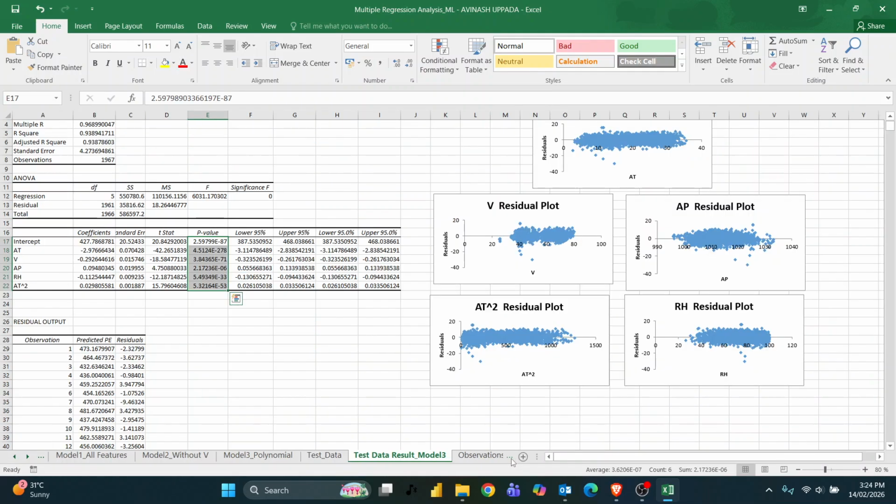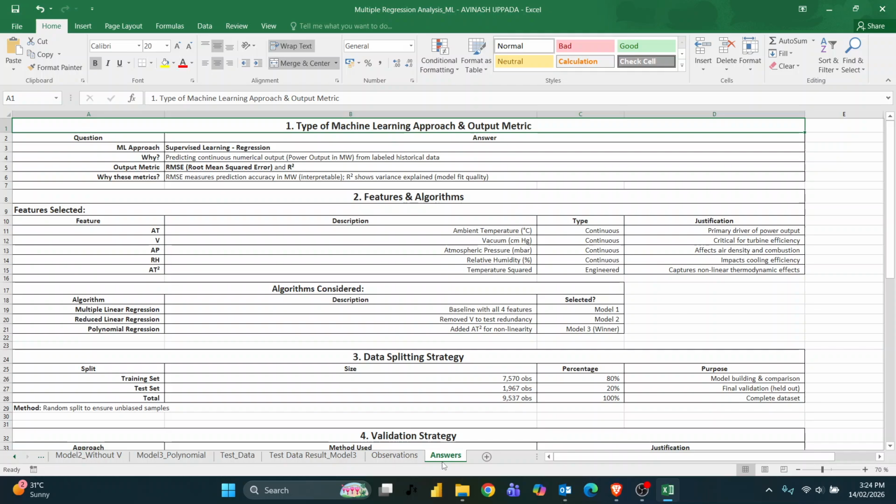To answer the questions that were asked, the type of machine learning approach that I chose is supervised learning. Obviously, we are trying to train the model with existing data, and it finds the target using the historical observations. The metric that I chose is RMSE. Like I explained, it explains the prediction accuracy of the total output in megawatts.